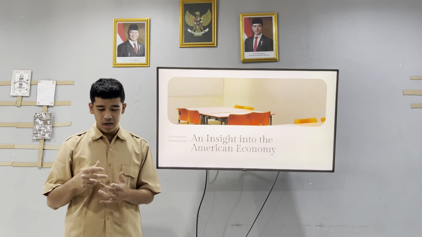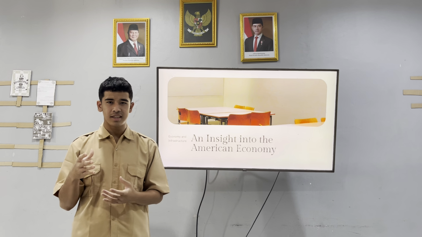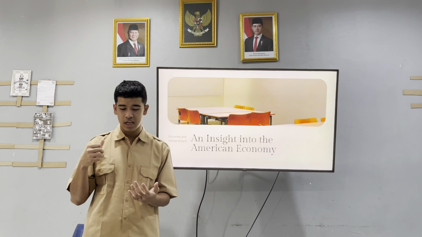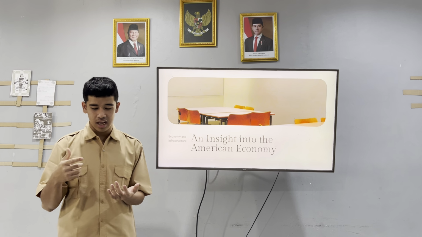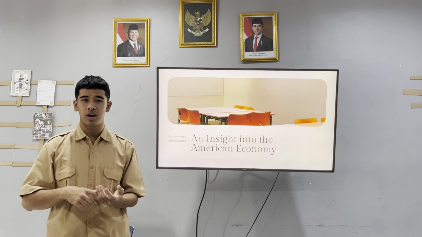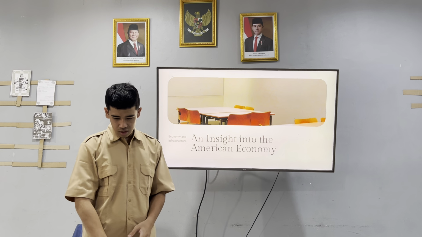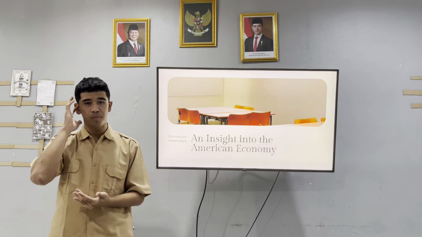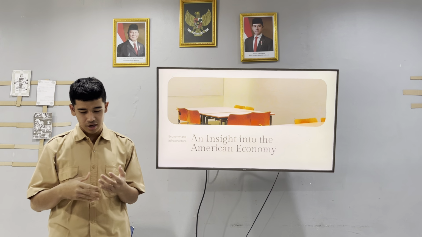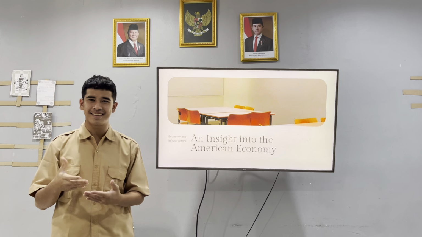The key industries and companies are Apple and Google in technology, Wall Street and finance, and manufacturing like cars, planes, and also farming, and many more. There are also airports such as LAX, Atlanta, and Chicago.